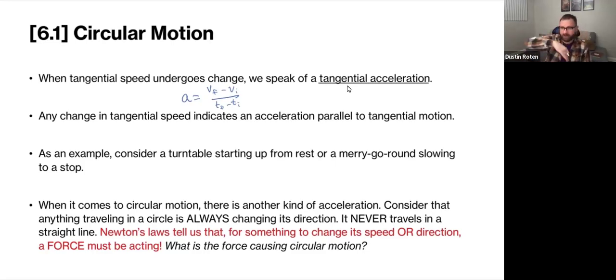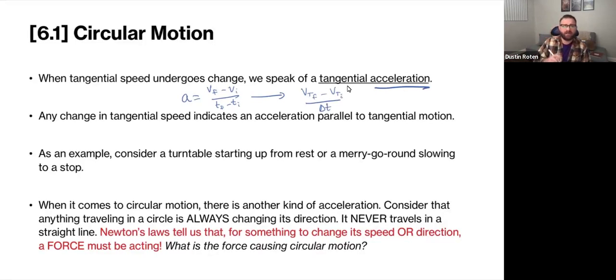So instead of just a straight line speed, now we're going to talk about a circular speed. When a tangential speed undergoes change, we speak of a tangential acceleration. Literally all that means is we're talking about the final minus initial tangential acceleration over some change in time.